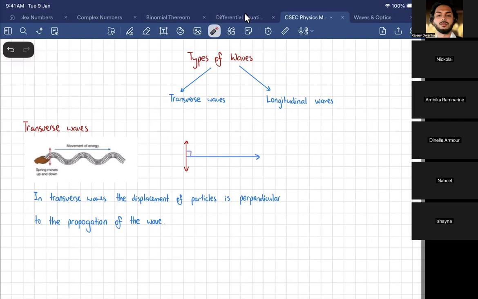Think of this as the displacement of particles. When you move your hand up or down, aren't you displacing space? Like, if you have an equilibrium point and you move your hand up or down, aren't you having a displacement?